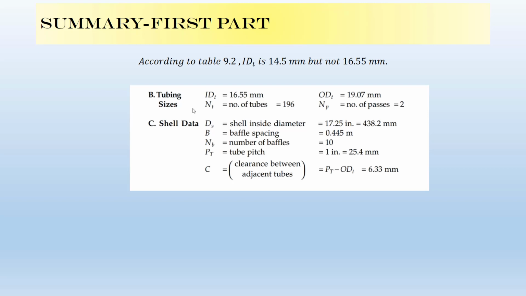So the next step to solve this problem is to find velocity. Why? Because you will use velocity to find the Reynolds number. Then from the Reynolds number, you can find the Nusselt number. From the Nusselt number, you can find the heat transfer coefficient. From the heat transfer coefficient, you can find the overall heat transfer coefficient. And then from the overall heat transfer coefficient, you can find the exit temperatures.